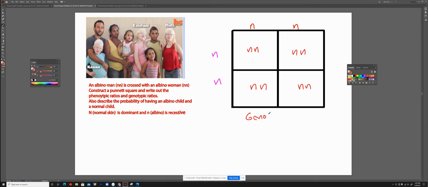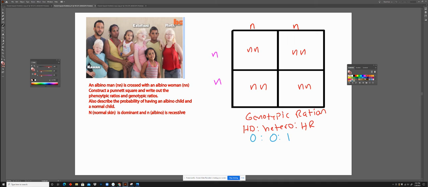Genotypic ratio. Remember, it's going to be HD to hetero to homozygous recessive. That's just going to be 0 to 0 to 1.